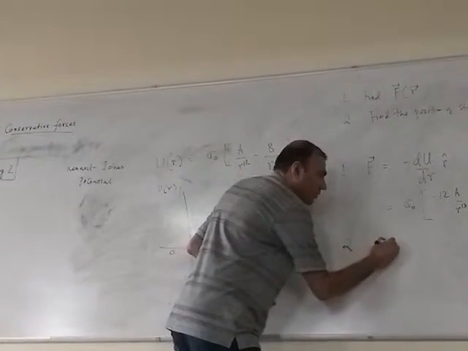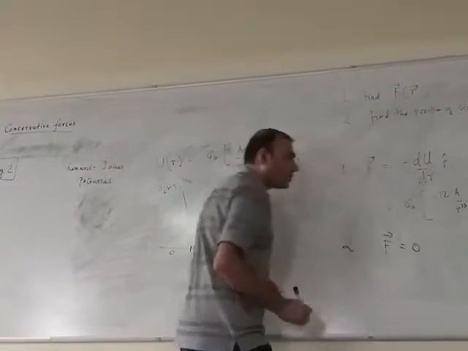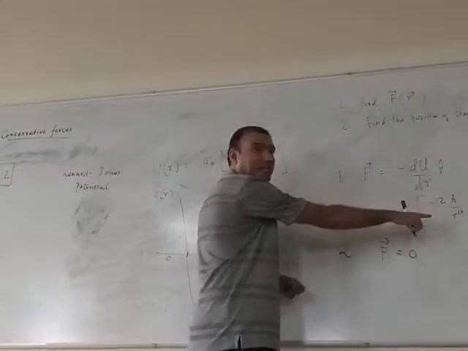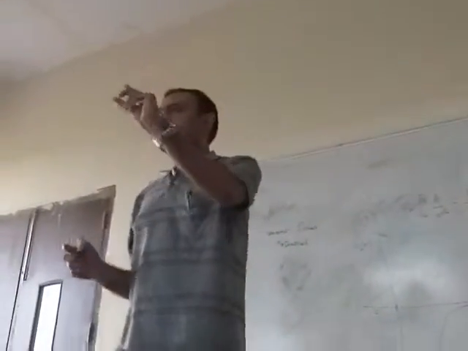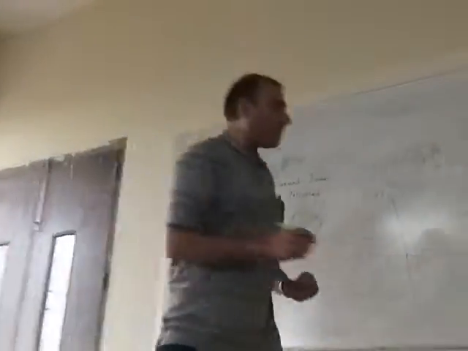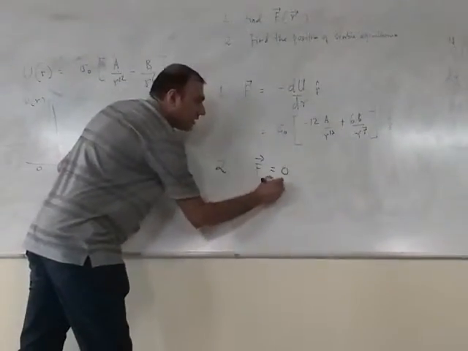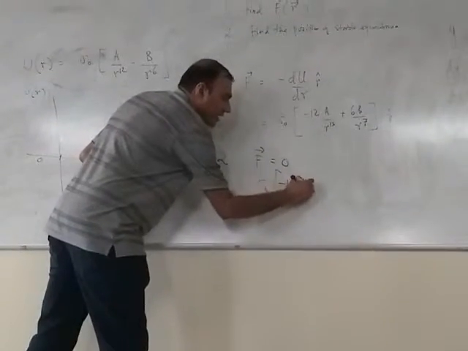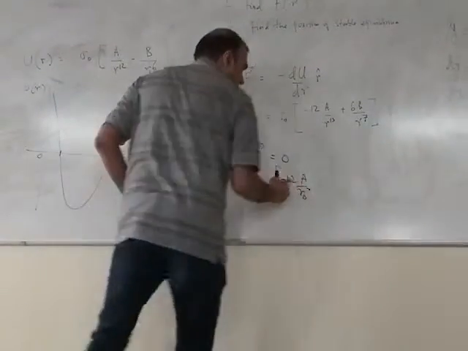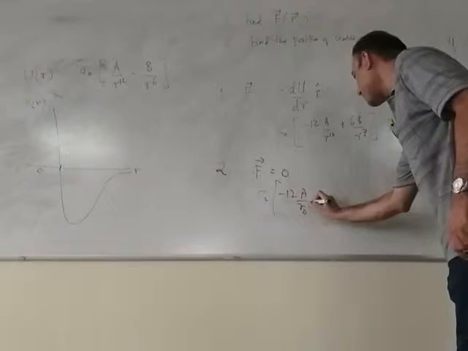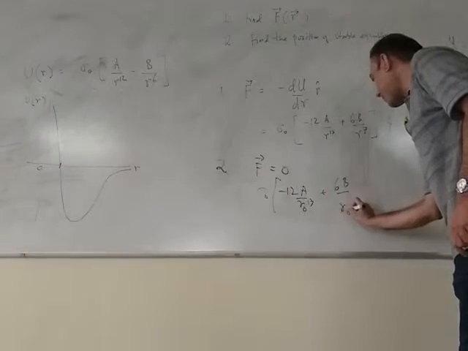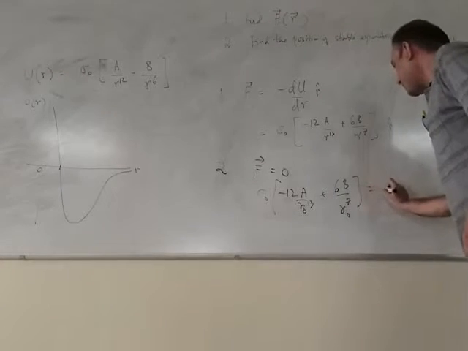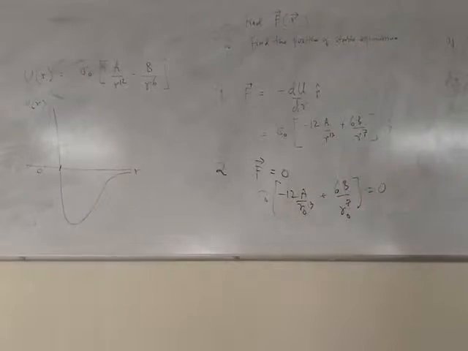So all we are doing now is putting F equal to 0. That means in this expression, just put r equal to some r naught. r naught is the equilibrium position. So sigma naught A times minus 12A divided by r naught to the power 13, plus 6B divided by r naught to the power 7, should be equal to 0. Does everyone get that? Yes.